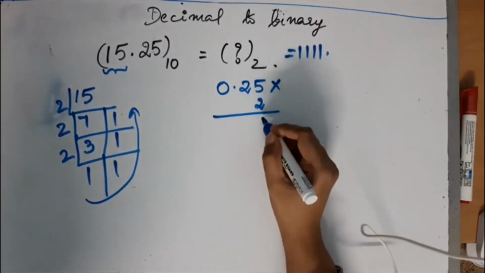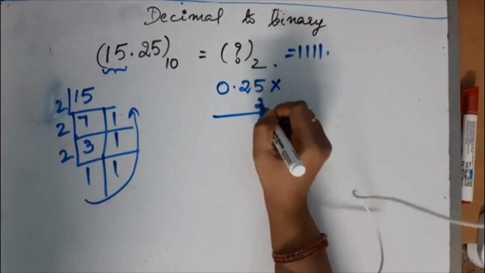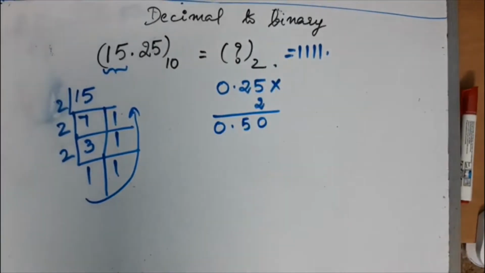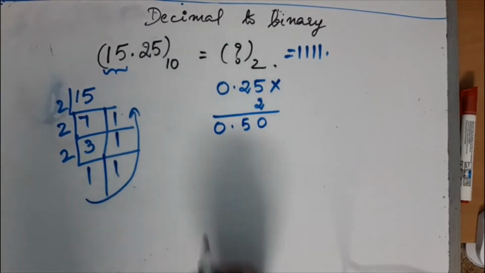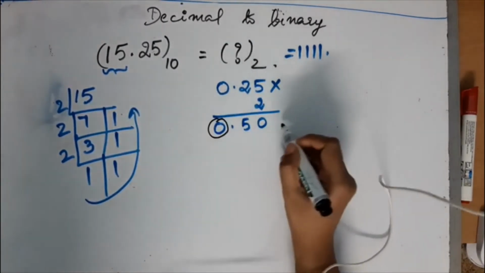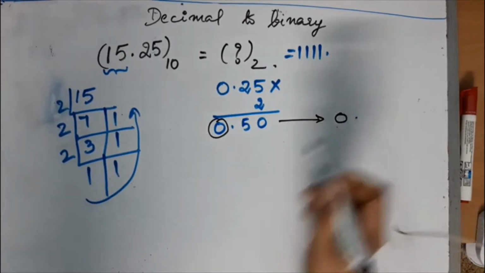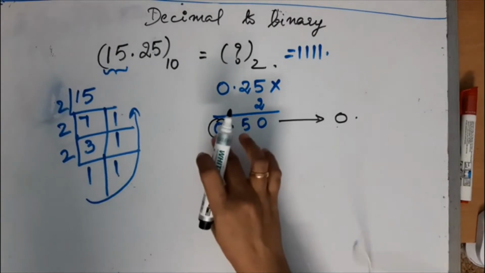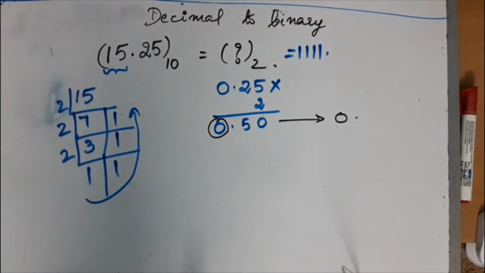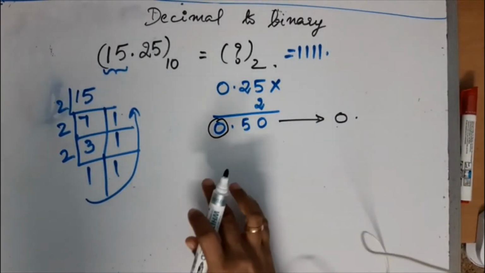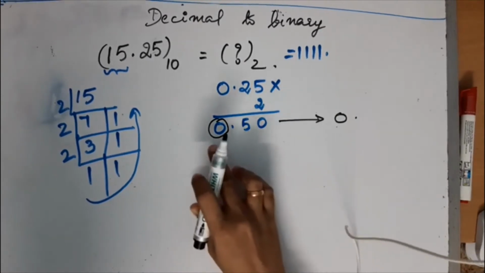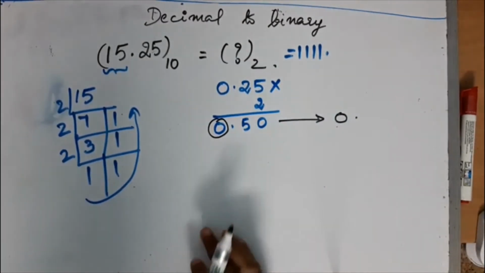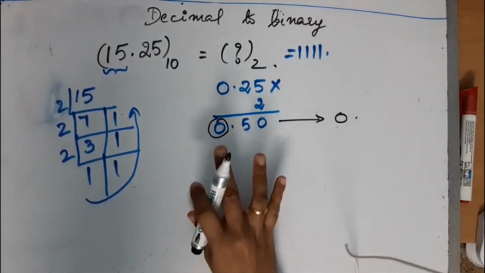So 5 into 2 is 10, 2 into 2 is 4 plus 1, 5, 0. Now what we will do is, this 0 we will write it here. So if this was a 1, we will write it again as 1 and multiply again with a 0 only. We will remove whatever is here to this point. This will be either 0 or 1 only.